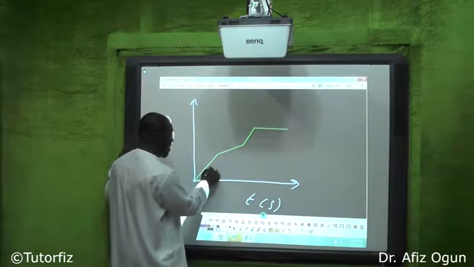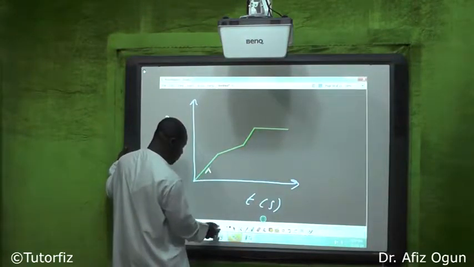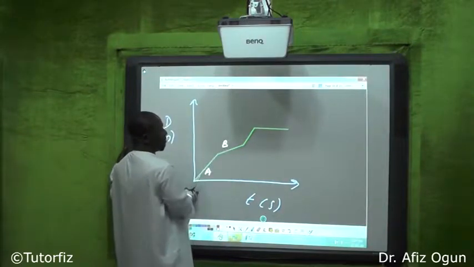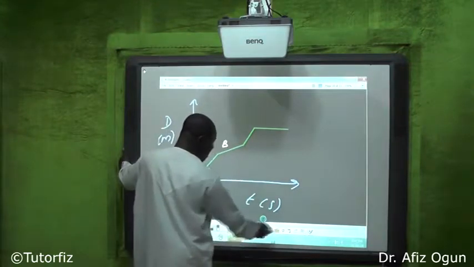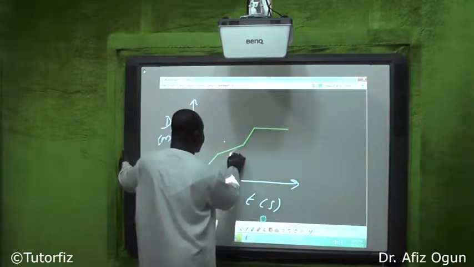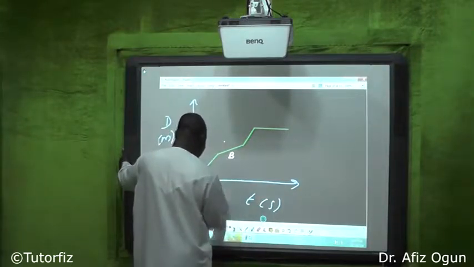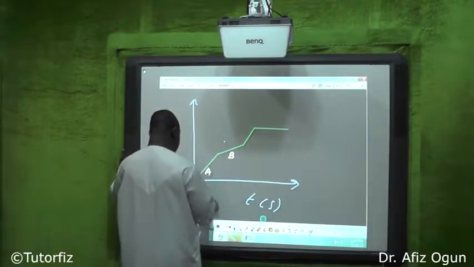The speed at A is greater than the speed at B. And the speed at C, how can we know if it is the same speed as A or different from A? The only thing we can do is to try to extend our line and see.